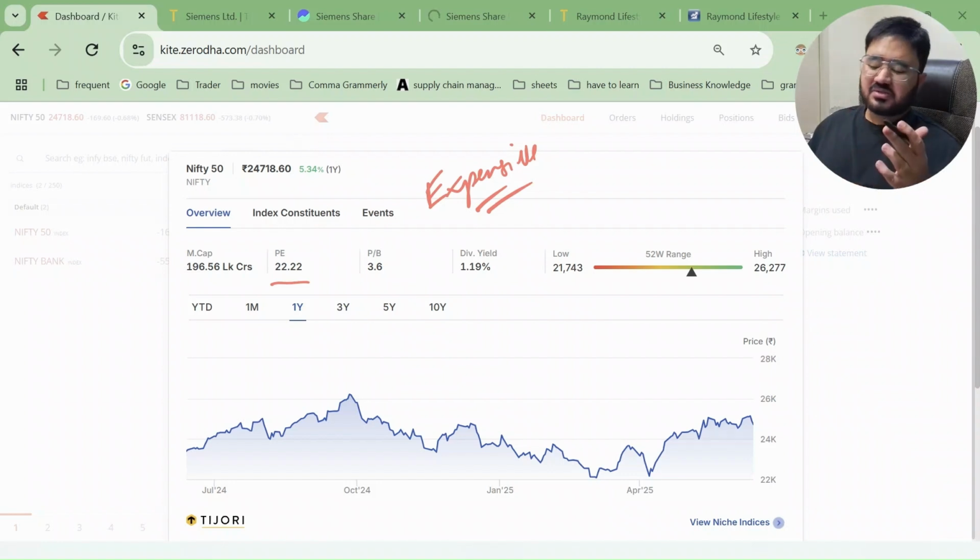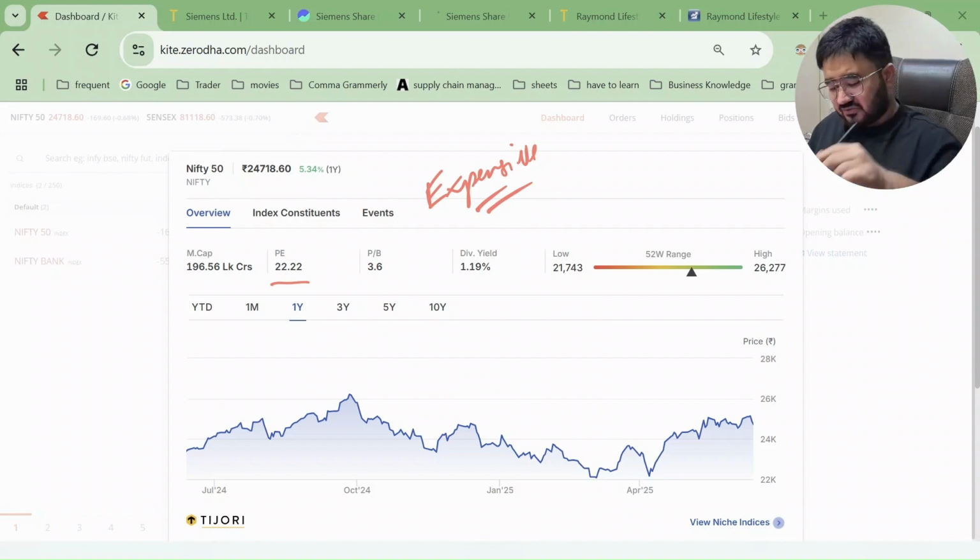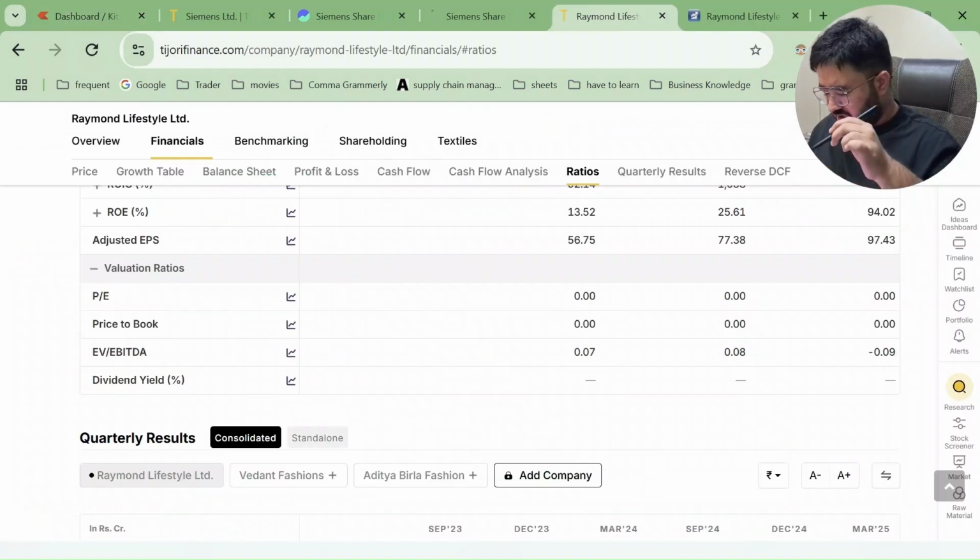And lastly, I told you that for companies which are in losses, there is no price to earnings. So let me show you that really quick. We are at the Raymond Lifestyle share, and it is currently in losses.